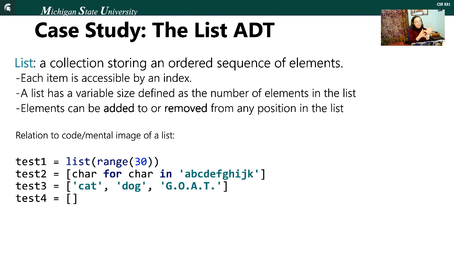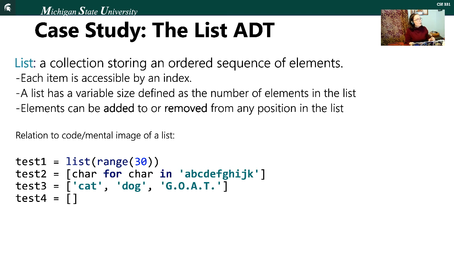You can access each item using its index. You can add and remove from various positions in your container. You can check if it's empty or not, right? These are essentially what it's capable of doing, what it is able to offer you.